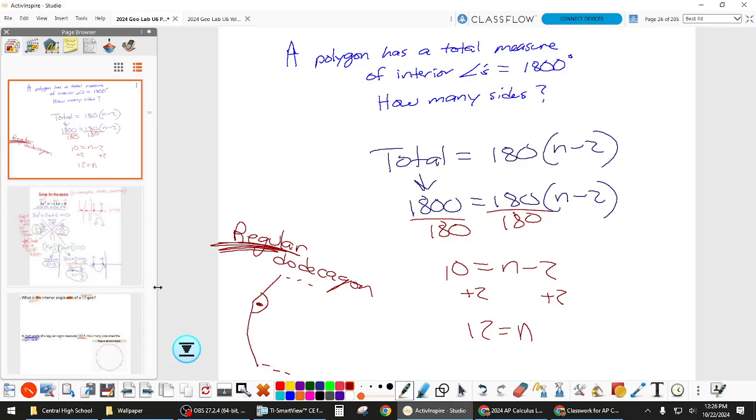Okay, but that assumes we know how much we all have. So let's say there's 10 people. There's 3, 6, 9. So we just need one more. $1,800 split by 10 people. What would you do? Divide.